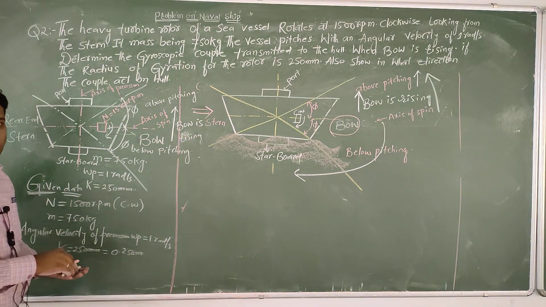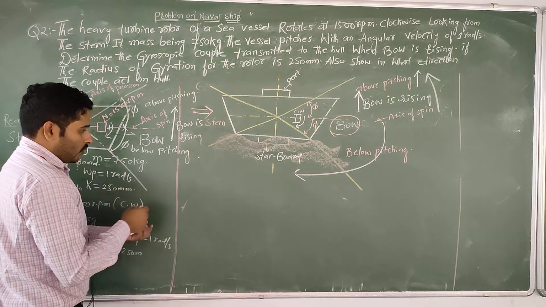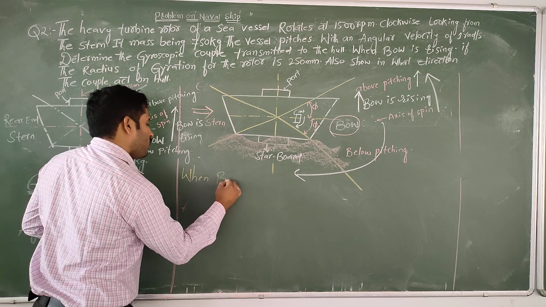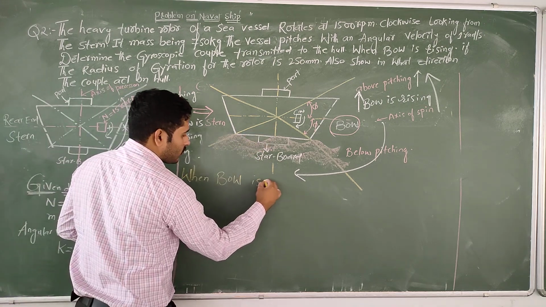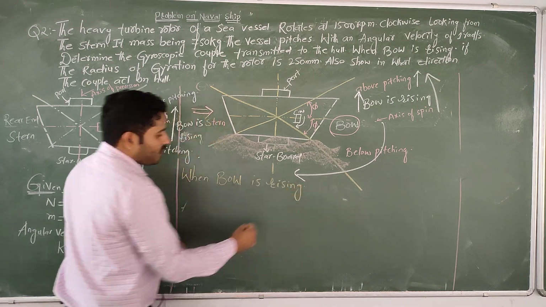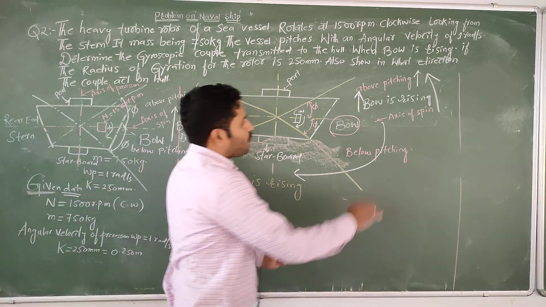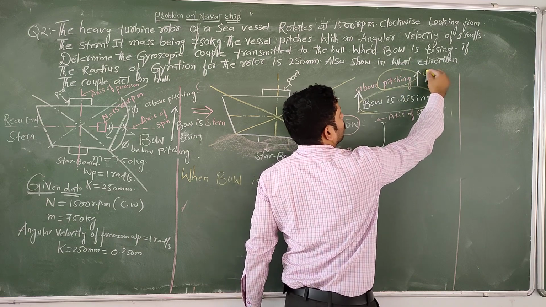Then I am representing here when the bow is rising, if the bow is rising, how is the pitching? When the bow is rising, the pitching is upward only.